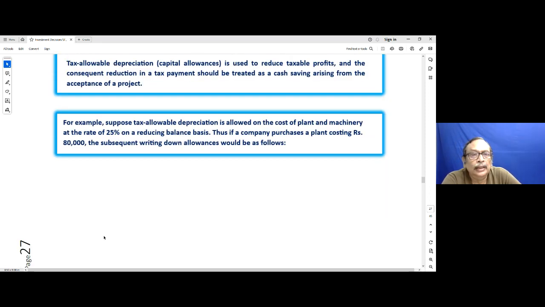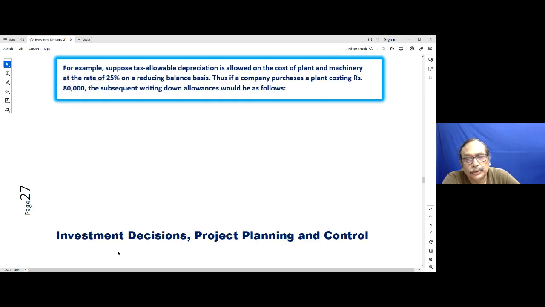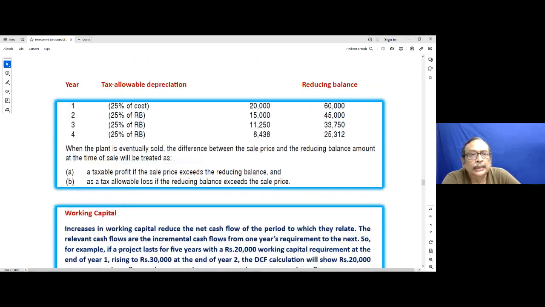For example, suppose tax allowable depreciation is allowed on the cost of plant and machinery at the rate of 25% on a reducing balance basis. Thus, if a company purchases a plant costing rupees 80,000, the subsequent writing down allowances would be as follows. That is, year 1, 2, 3, 4, tax allowable depreciation, 25% of cost.